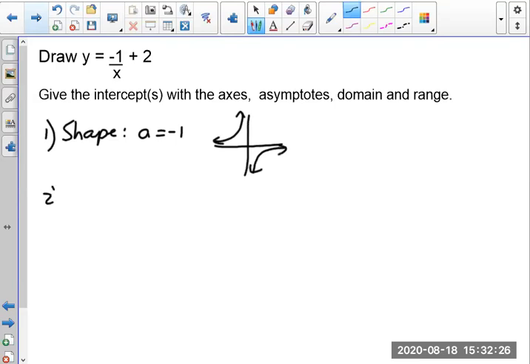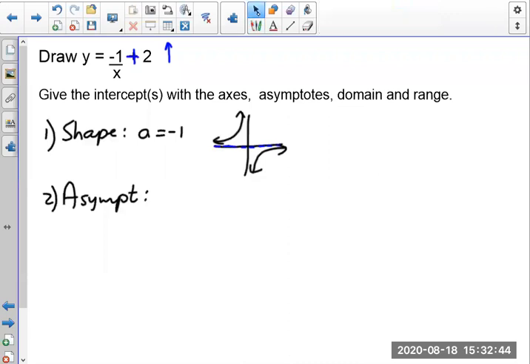The asymptotes. Now what happened now? Because there's a plus 2, the graph moved up by 2 units. So your asymptote is now y equals plus 2. Y equals 2.